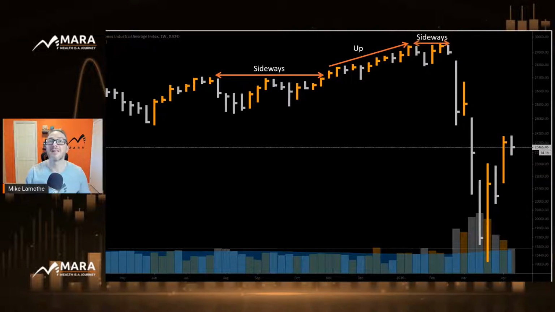So over here, this section up here, yes, you made some lower lows, you made a couple of higher highs, but it's still basically moving sideways in that area, not a ton of progress. And then you have this over here.